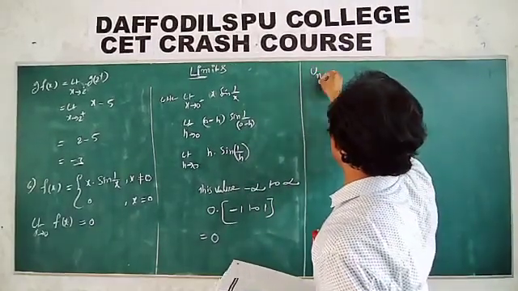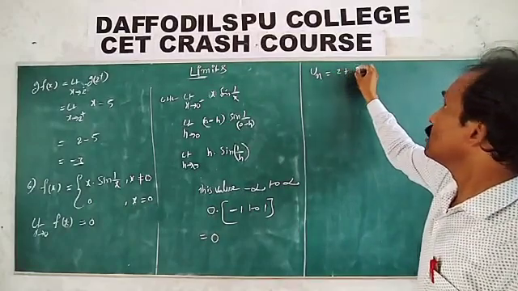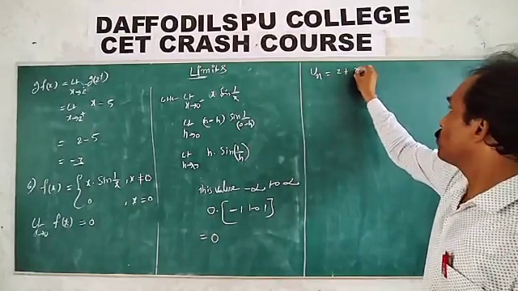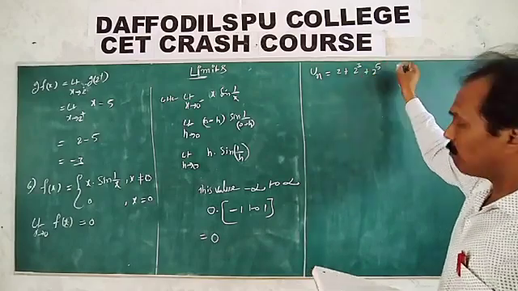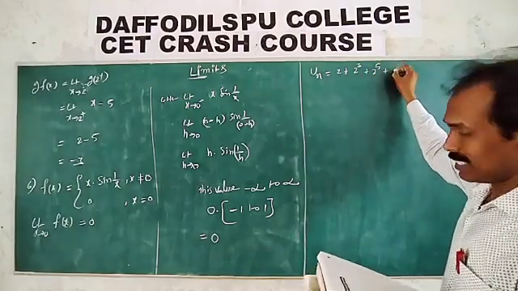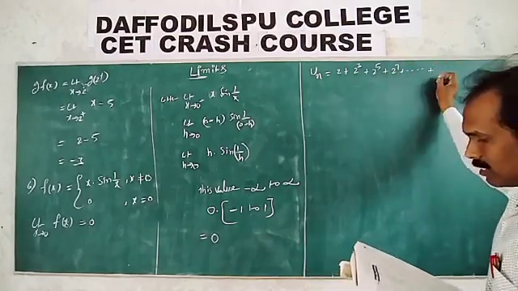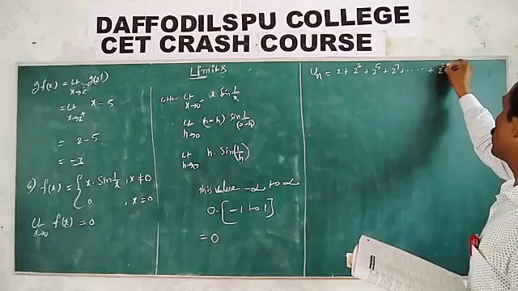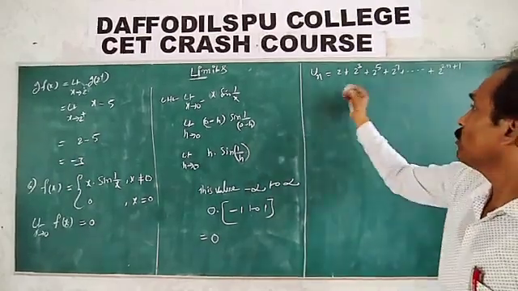Un is 2 plus 2 cube plus 2 to the power of 5 plus 2 to the power of 7 and so on plus 2 to the power of 2n plus 1. First of all, we find this value.